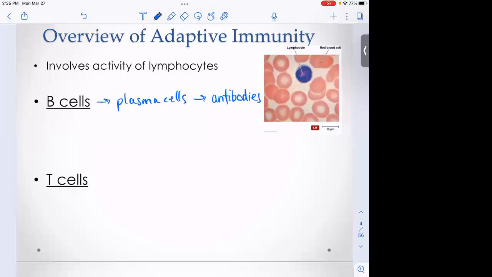And by the way, B lymphocytes and T lymphocytes look pretty much the same. You wouldn't be able to tell them apart just from staining them. You would need some other method, I don't know if they use antibodies or what they use to tell them apart, but they look the same under the microscope.